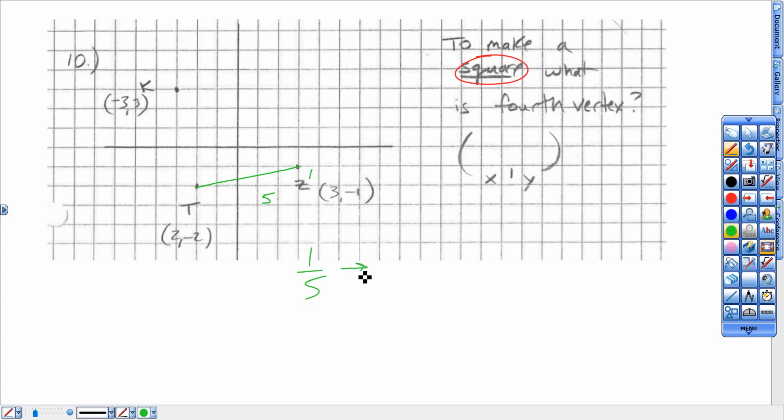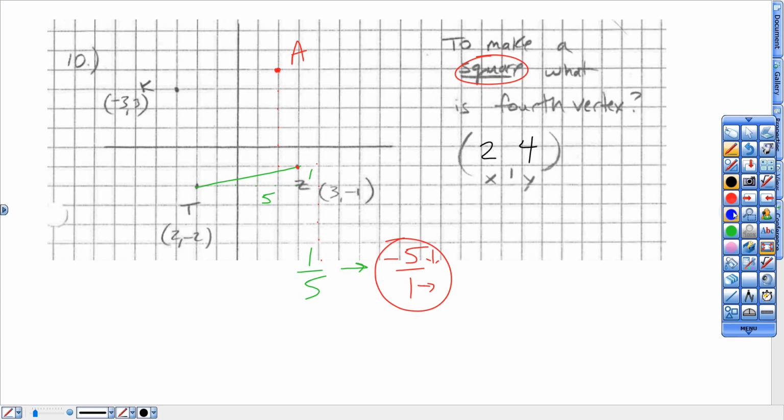If I take the opposite reciprocal, I'm going to flip it and negate it. I need to come at this point Z with the pattern of right 1, down 5. Of course, if I go right 1, down 5, I end up down here, and that's not where I want my point. So I'm going to have to go the opposite way: left 1, up 5, to get my fourth vertex here, which I could call A. And if I put those numbers in there, that would be right 2, up 4.